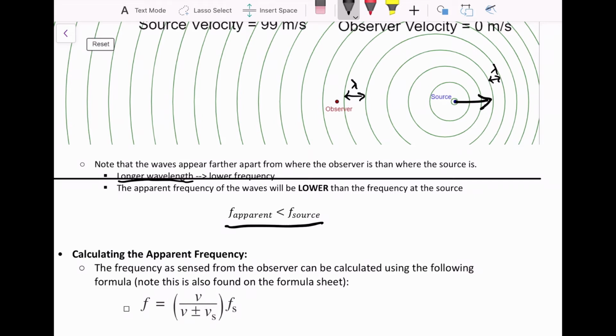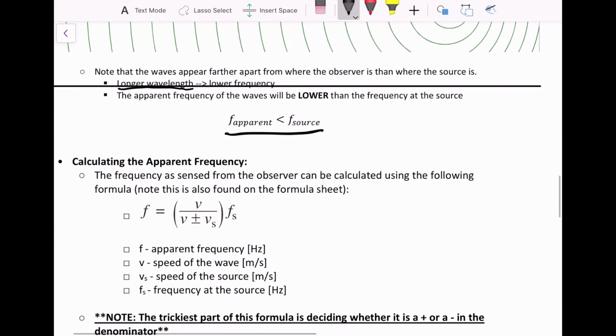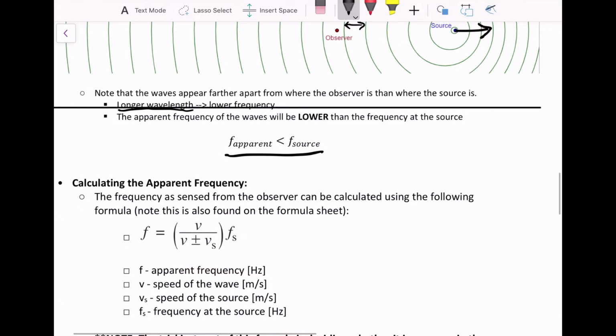We've got this formula here that's also found on your formula sheet in the section about waves, in which case we see that the frequency, and this is the apparent frequency, as of course measured in hertz, is going to be equal to the speed of the wave divided by the speed of the wave plus the speed of the source.